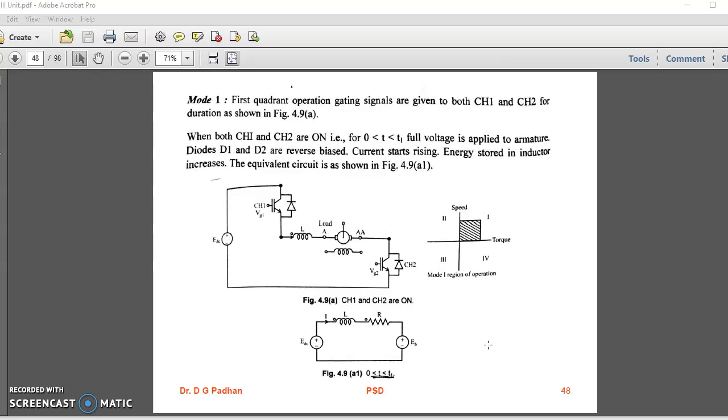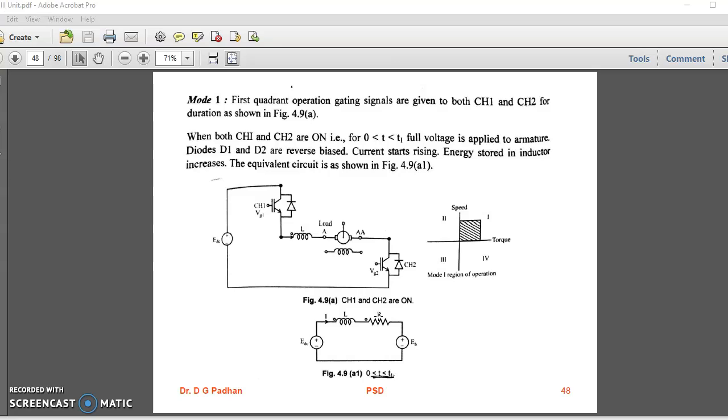When chopper 1 and chopper 2 are on, during the period 0 to T1, the full voltage is applied to the armature. Diodes D1 and D2 are reverse biased. The current starts rising and the energy stored in the inductor increases. The equivalent circuit is shown in this figure.